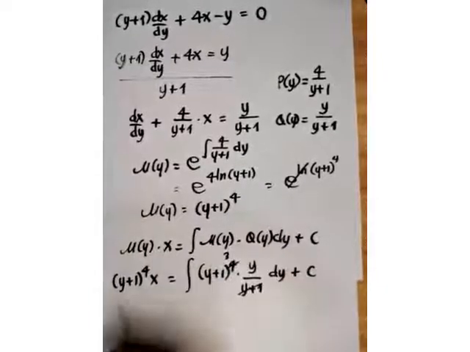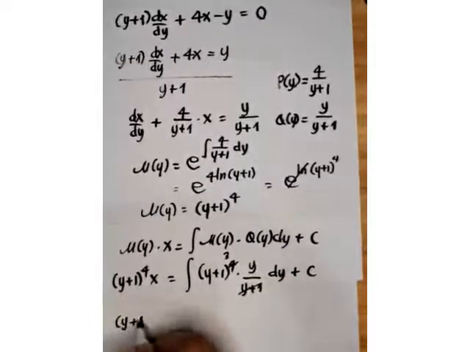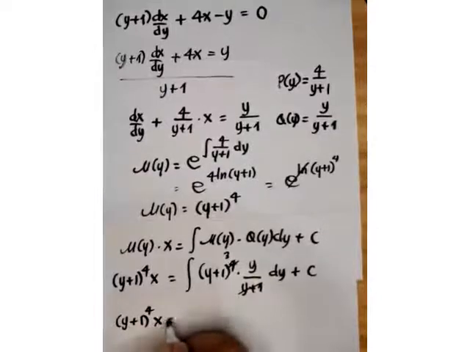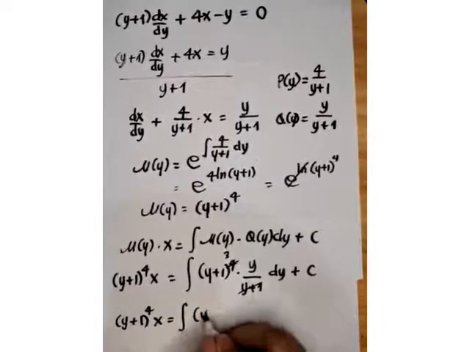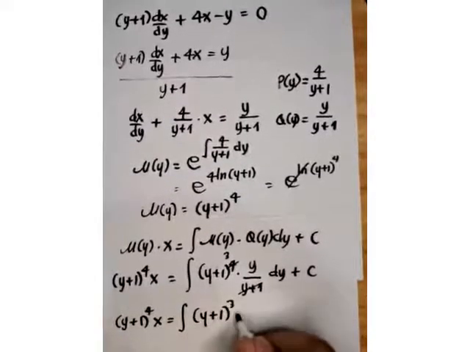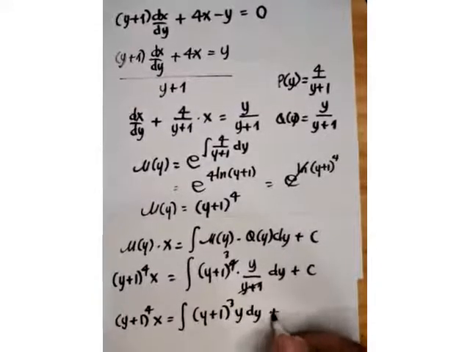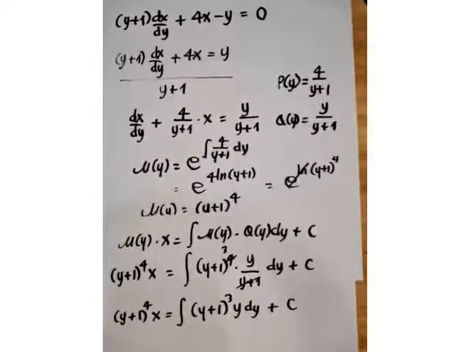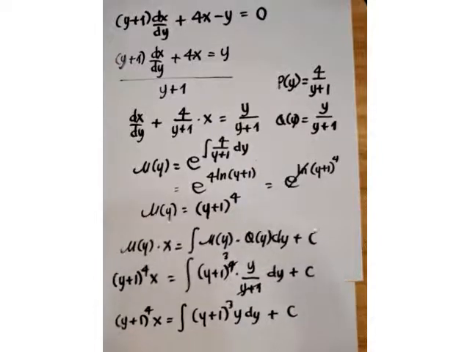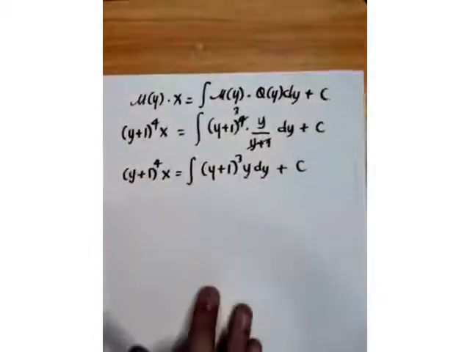So 3. So that will be y plus 1 to the 4th x is equal to the integral of y plus 1 cubed y dy plus c. Is there any way that I can integrate this without expanding?